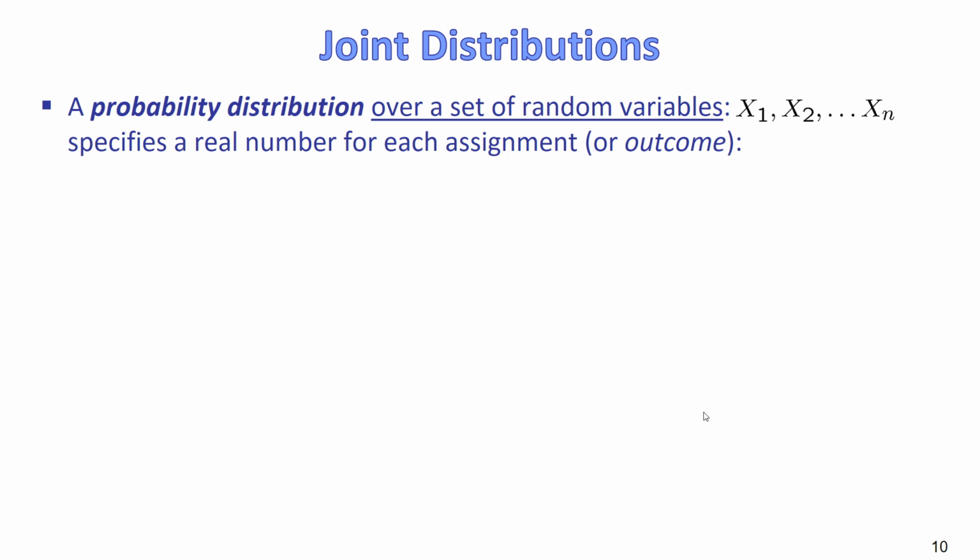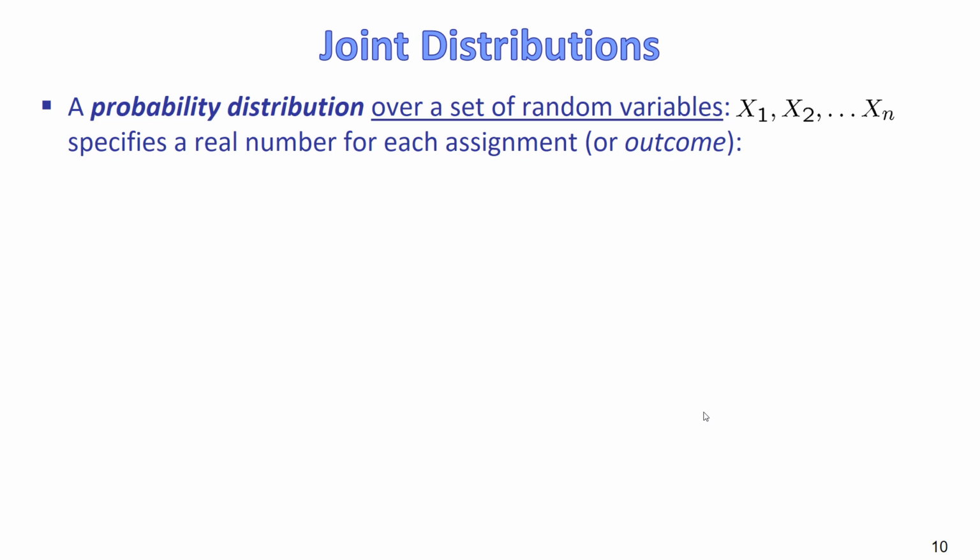And we also mentioned what we call joint distribution. So the joint distribution is actually also a probability distribution, but it is over a set of random variables instead of just one. So in this case, every row will be one outcome or one assignment of values, or one combination of values for these random variables.